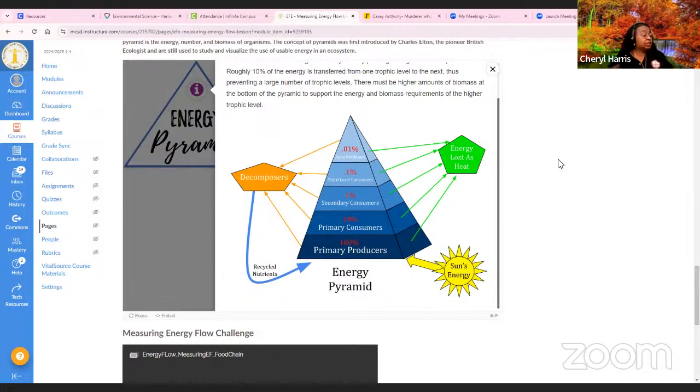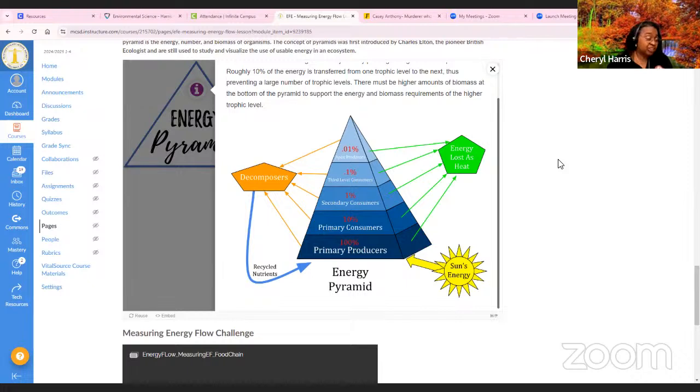And it's not that it's lost, it's that the organism on that level is using the energy that it ate. Okay. And 90% of the energy that you take in, you use for all of your body processes. If you don't use it, you store it.